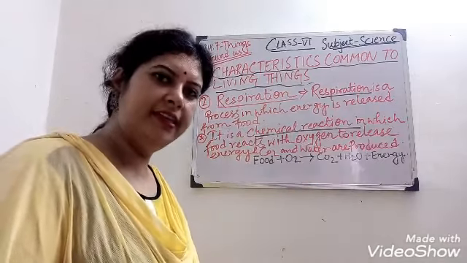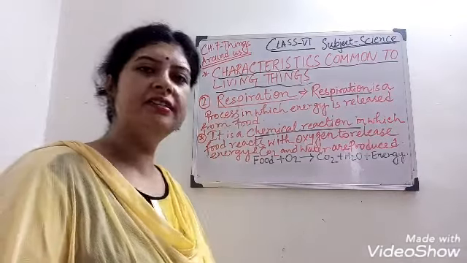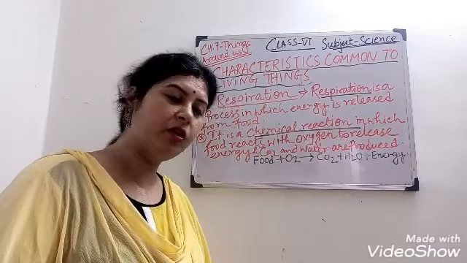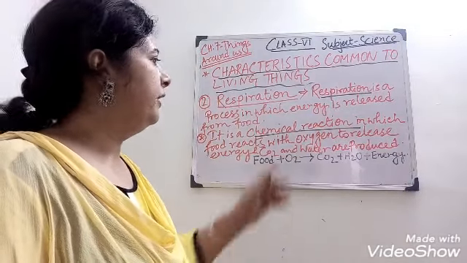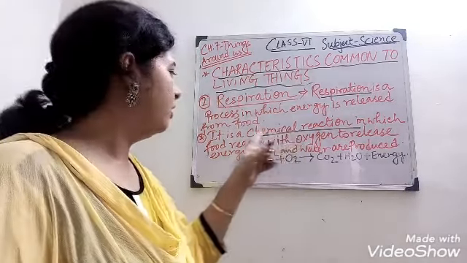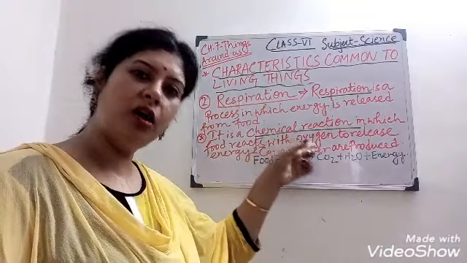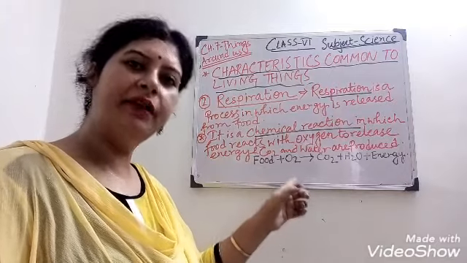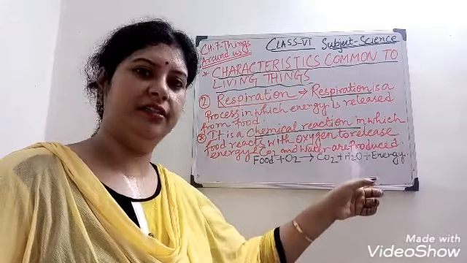So we can say that respiration is a chemical process. Now why is respiration a chemical process? Because in this process, food reacts with oxygen to release energy, carbon dioxide and water.